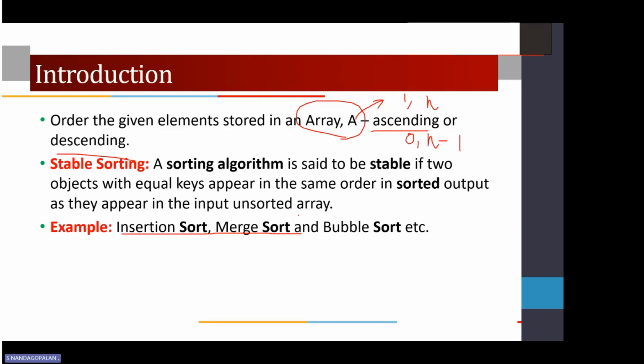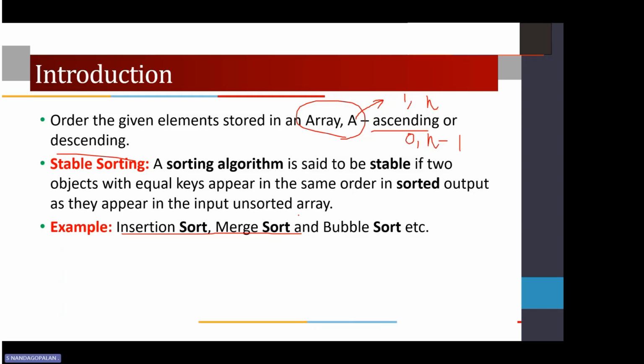That means it will work in such a way that even if I have duplicates in my input array, whatever order they had, for example, if two duplicates were at the fifth location and the 10th location, then after sorting, it should follow the same order.